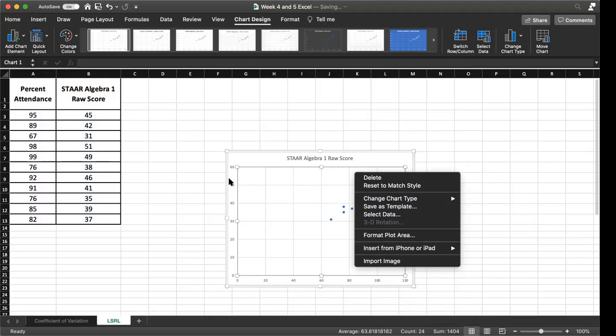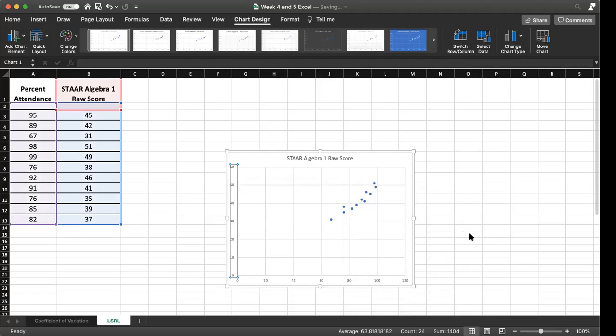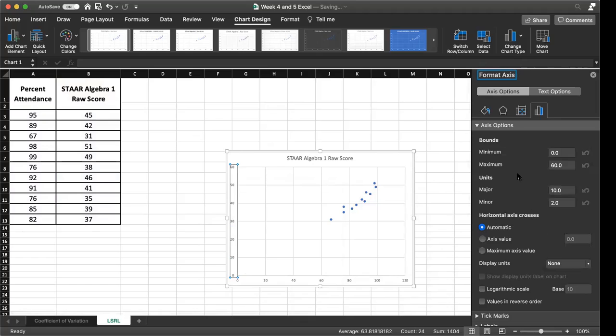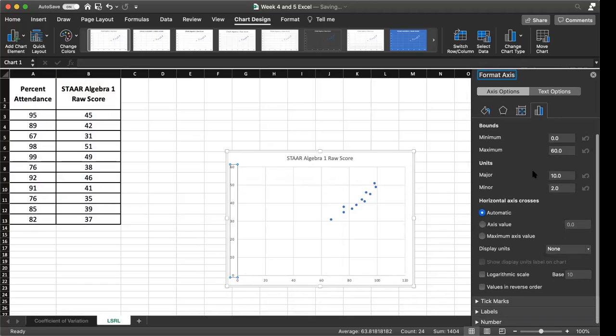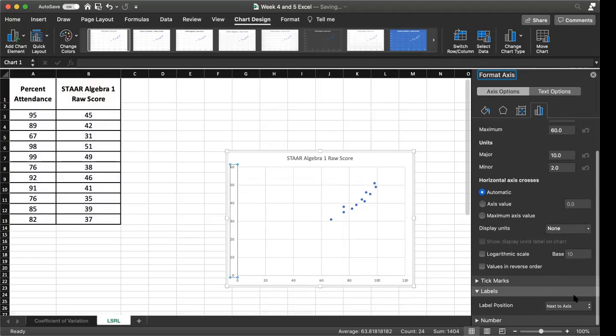Format axis. You have to click on the axis and go to labels. Nope, not that one.